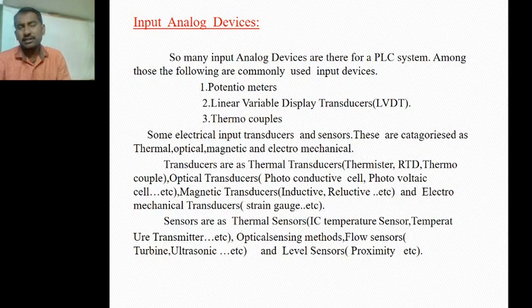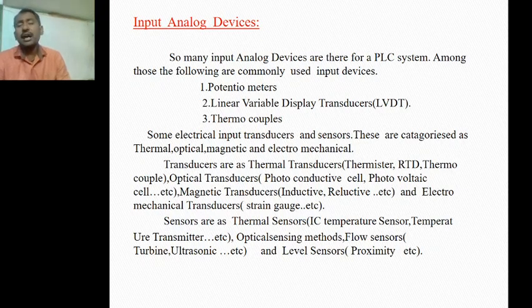If pressure is converted into an electrical signal, the device is called a transducer. If temperature is converted into an electrical signal, the device is called a transducer. If displacement is converted into an electrical signal, the device is called a transducer. So any non-electrical quantity converted into an electrical quantity, that device is called a transducer.